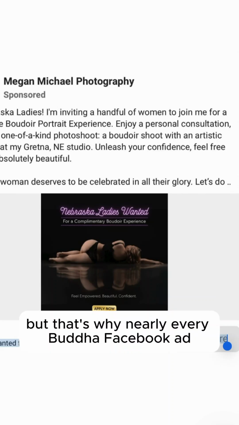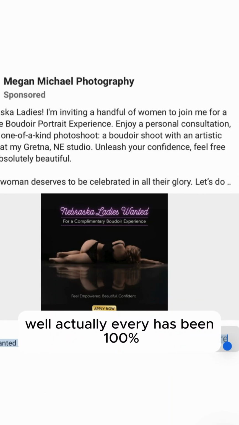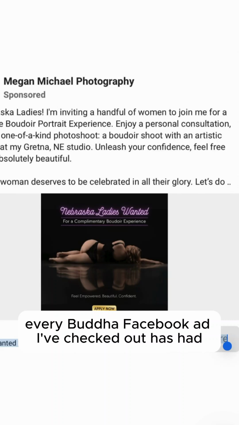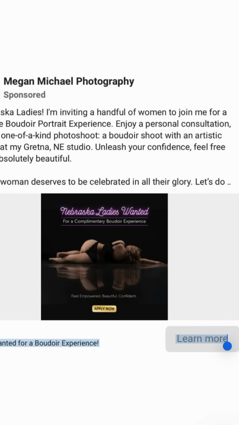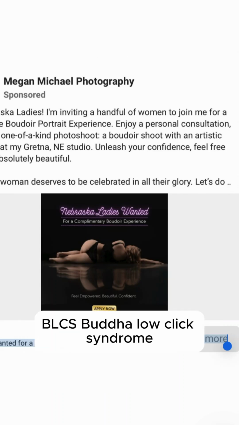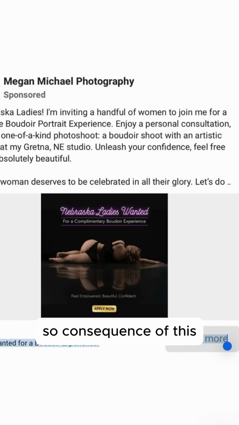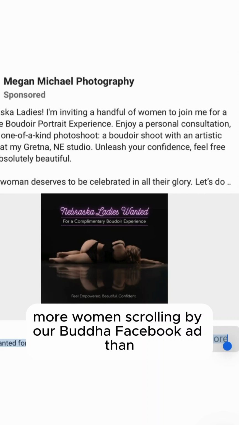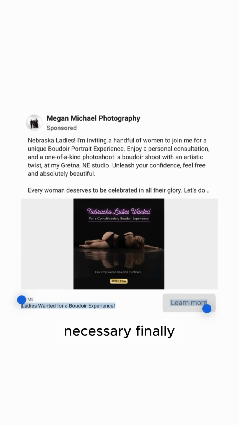But that's why nearly every boudoir Facebook ad, well, actually has been 100%. Every boudoir Facebook ad I've checked out has had BLCS, boudoir low click syndrome. So the consequence of this: more women scrolling by our boudoir Facebook ad than necessary.